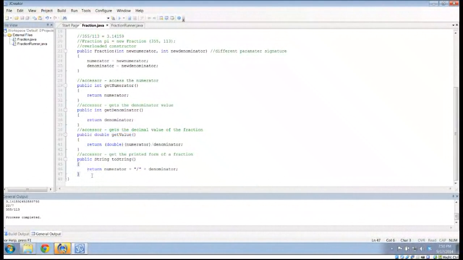So we have accessors as a tool, ways to get information from a class. So our next step is how do we put information into a class? Because fractions aren't forever.